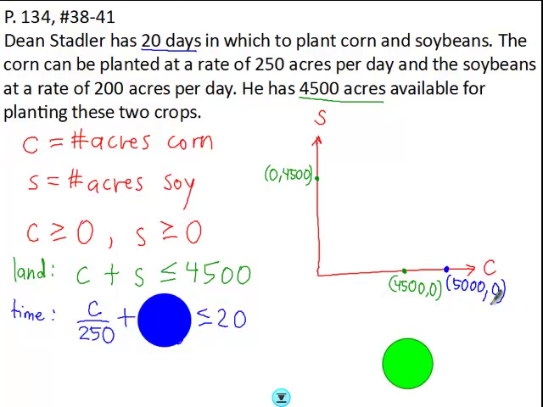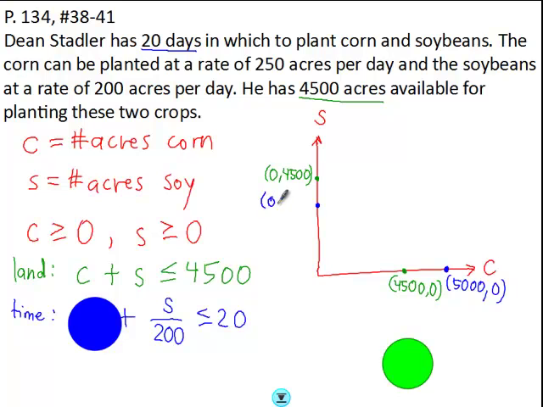And then what about if I only planted soybeans? How much could I plant, again not considering the constraint on how many acres I have? I've got 20 days, and if I can plant 200 a day, I multiply by 200, and I get 4,000 acres. I'm going to point out here that if Mr. Stadler only plants soybeans, he's not going to be able to fill all of his acreage.